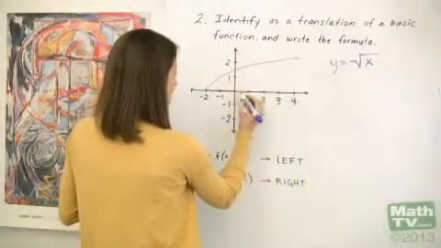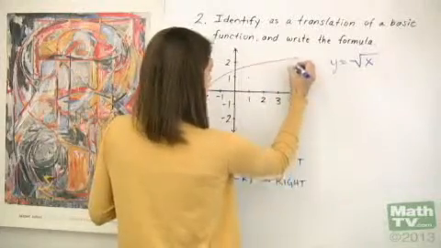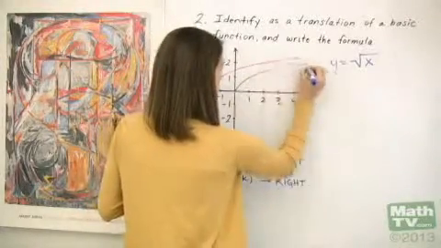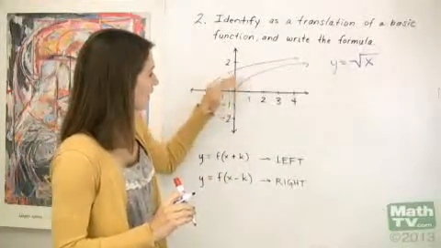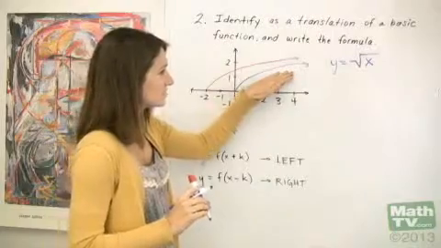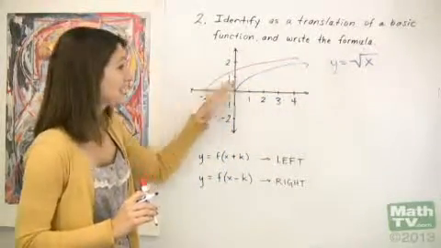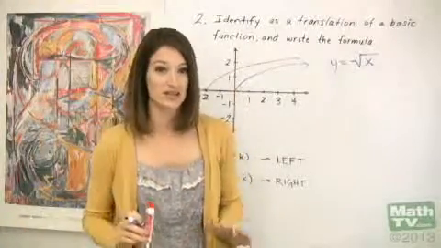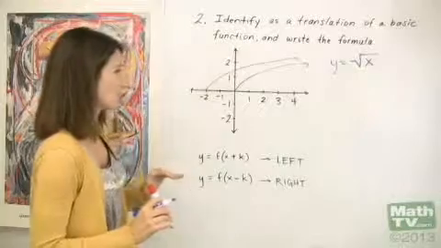If I were to graph it quickly here, it would look similar to this. As you can see, the red line that we were given looks very similar to the graph for our radical function, but it's shifted horizontally. It looks like it's moved to the left a number of units.